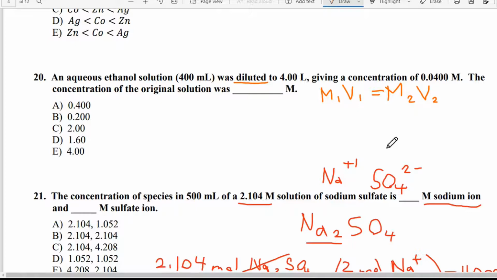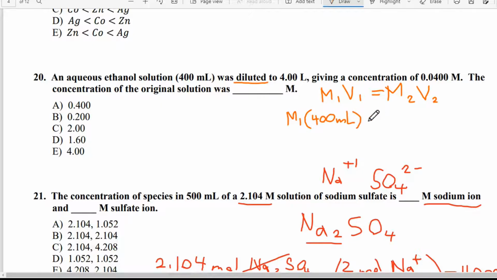So what was the original molarity? Oh, we don't know. Yeah, the original molarity is what we're looking for. We don't actually know what the original molarity was. What was the original volume? Yeah, 400 milliliters, right?